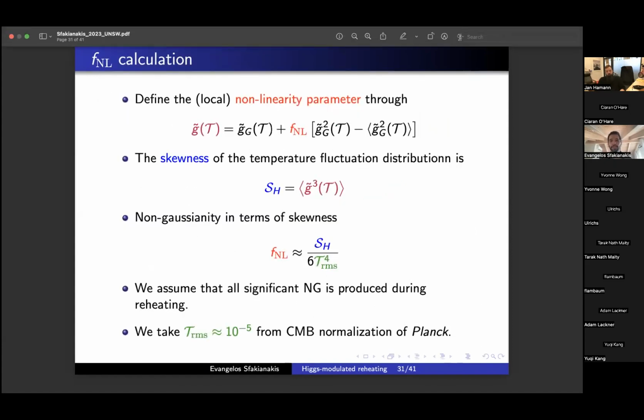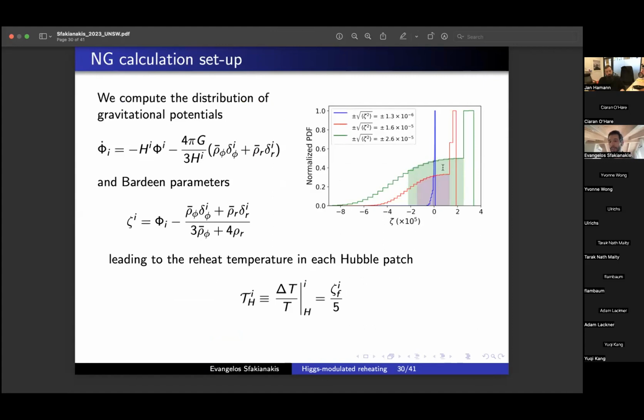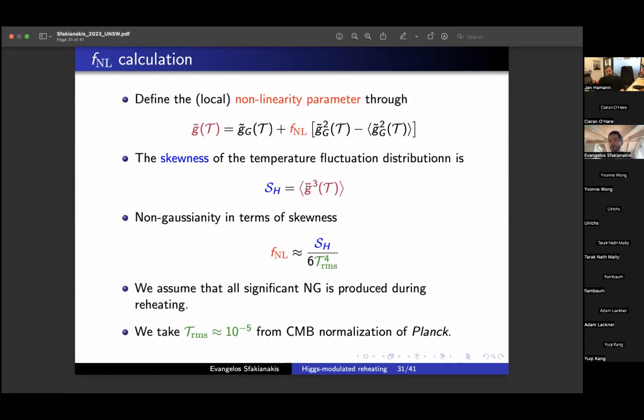Now we can define the local non-Gaussianity f_NL. If we take G, our distribution, in this case the distribution of temperatures, it has a Gaussian part, and the non-Gaussian part can be defined in this way. Now we can compute the non-Gaussianity from this distribution by looking at the skewness, which is the third moment of the distribution.